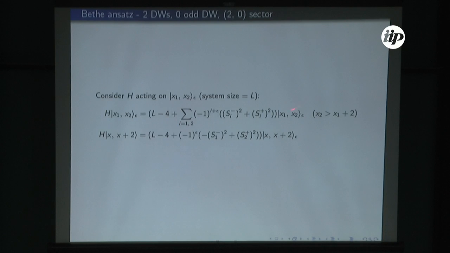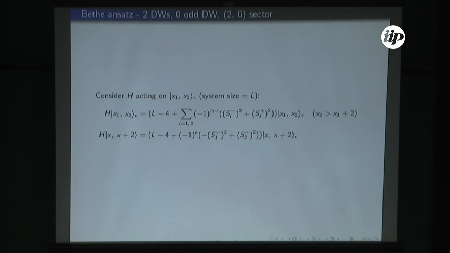Basically, you can see that if they are far apart, then this expression includes the moving of the domain walls. While if they are close by, then there are only two terms. And this L minus 4 term is coming from the on-site energy. I didn't pay that much attention to it.